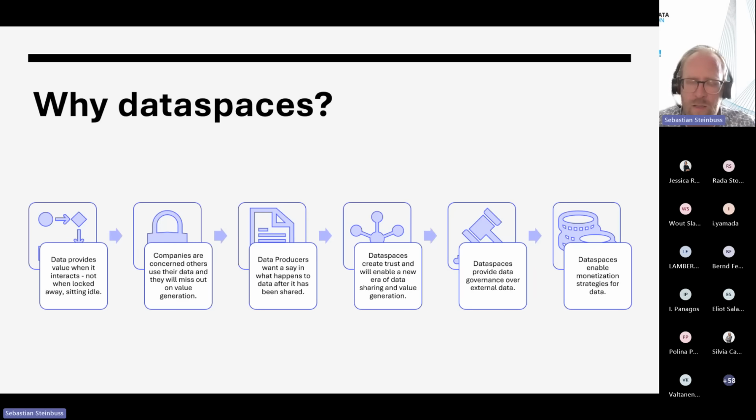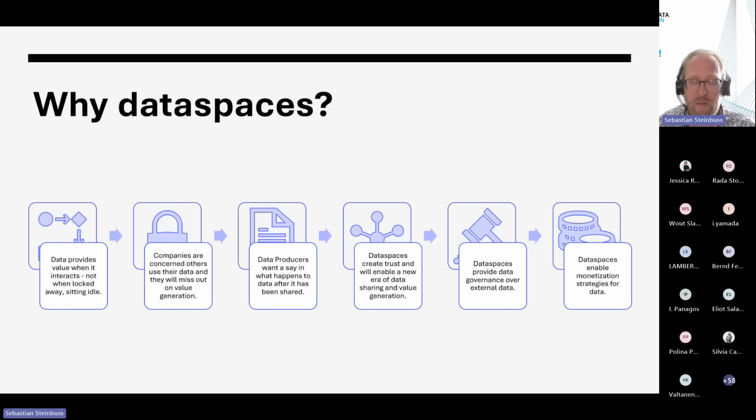So we find and agree on a couple of really core concepts and concerns. We understand that data provides value only when it interacts, when it gets used. If you just lock it away in your database on your hard disk, it doesn't really generate any kind of value.